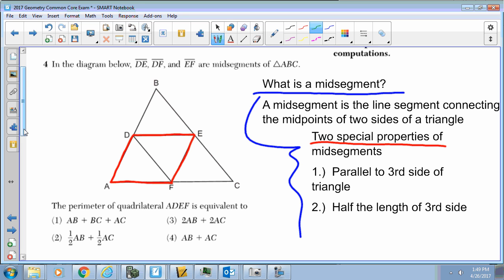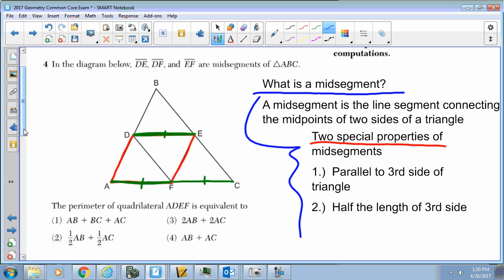We know that this side, DE, is equal to this side, because DE is half of AC, that means that AF is going to be the same as DE.